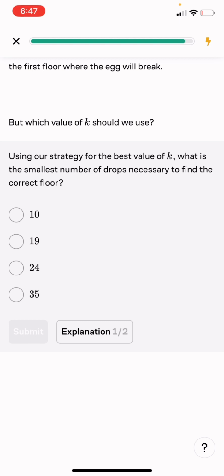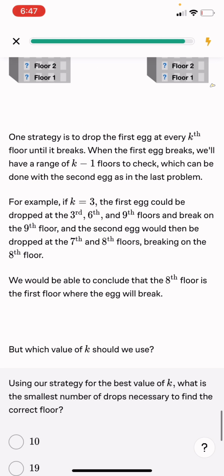Using our strategy, what is the best value of K, the smallest number of drops to find the correct floor? So, we saw. Let me read this again. Correct.